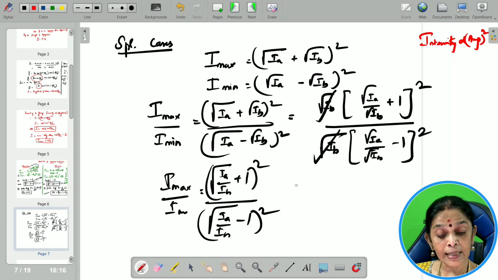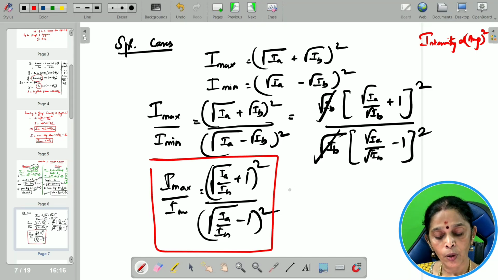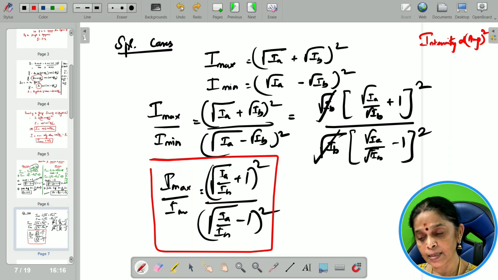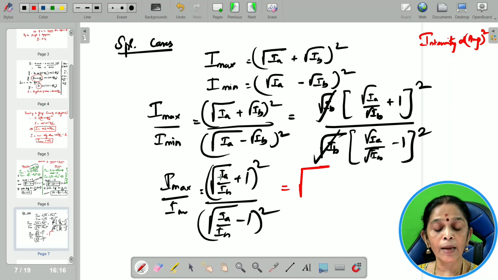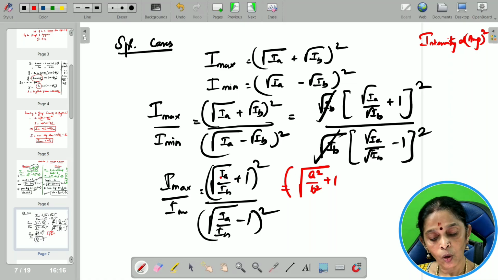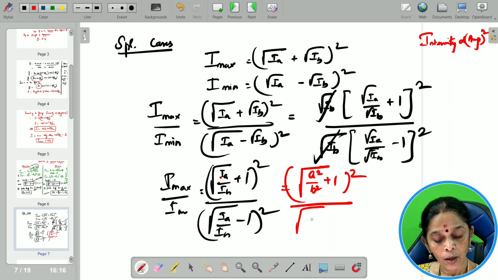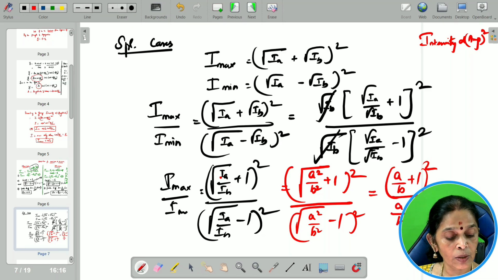Since intensity is directly proportional to amplitude square, I can also write I max by I minima as (square root of A square by B square, plus 1) the whole square, divided by (root of A square by B square minus 1) the whole square. Or simply I can write it as (A by B plus 1) the whole square by (A by B minus 1) the whole square.